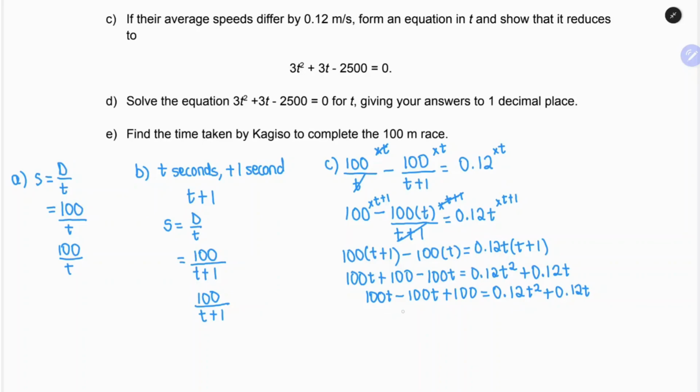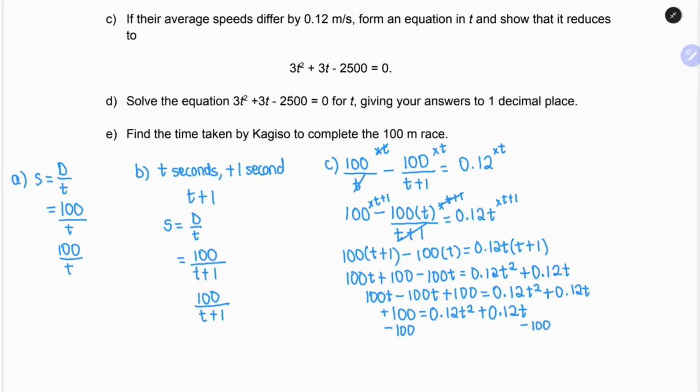So that would be 0 plus 100. We'll just remain with 100 this side is equals to 0.12 t squared plus 0.12 t. So what I'm going to proceed to do now is take 100 to the other side of the equation. How we do it, it's just going to be minus 100 minus 100.